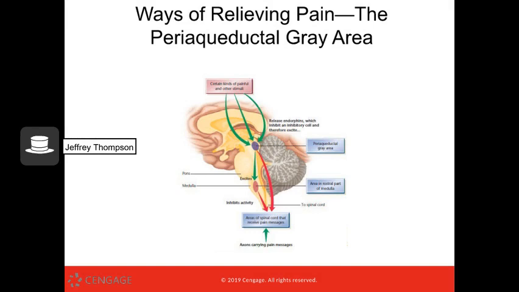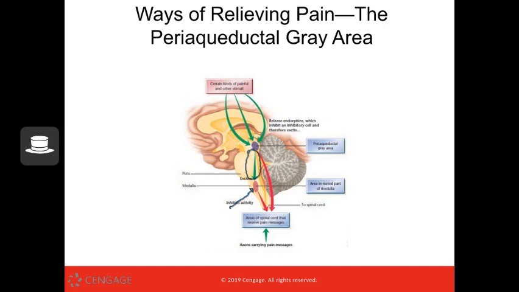There's an area of the brain called the periaqueductal gray area. It is between the third and fourth ventricles. What the periaqueductal gray area does is it excites an inhibitory pathway.